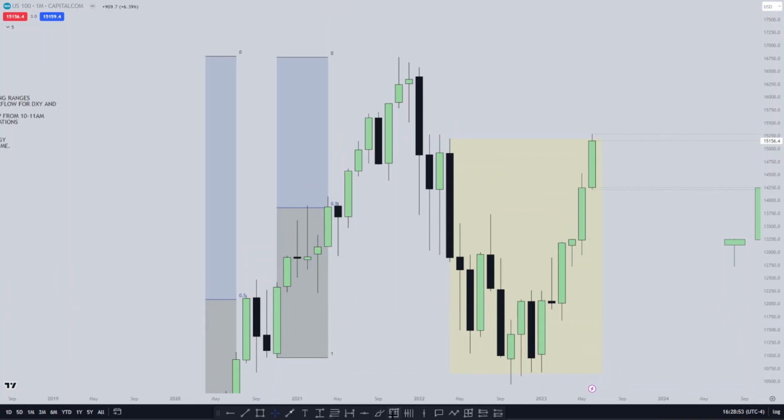And what happened? We went higher, we went lower, we went higher again, failure swing, and we went lower and took out the lows. But we went lower like this, engineered more liquidity, went higher, then tagged into this fair value gap on a lower time frame, and then we went lower.